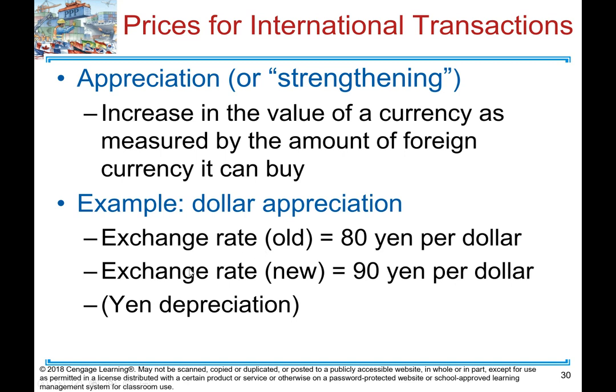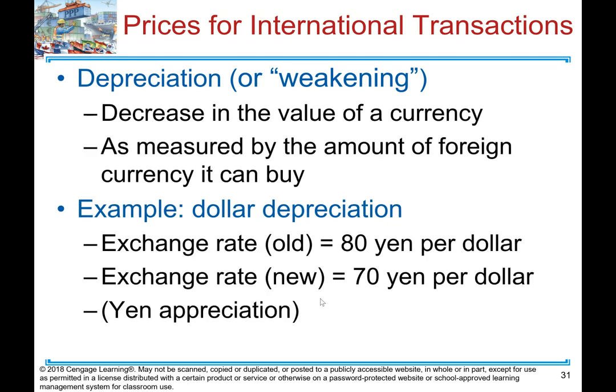And the following day, you exchange another dollar and it is 90 yen. That means the dollar has appreciated against the yen. The yen has depreciated, the dollar has appreciated. You got 80 yen for $1 yesterday. Today you're getting 90. That means the dollar is buying more yen, the dollar has appreciated, the yen has depreciated.